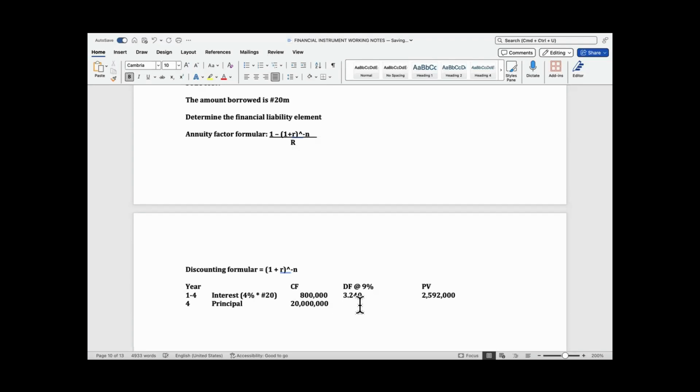If you do 1.09 raised to power minus 4, it gives 0.708, to 3 decimal places. So what do we have here?